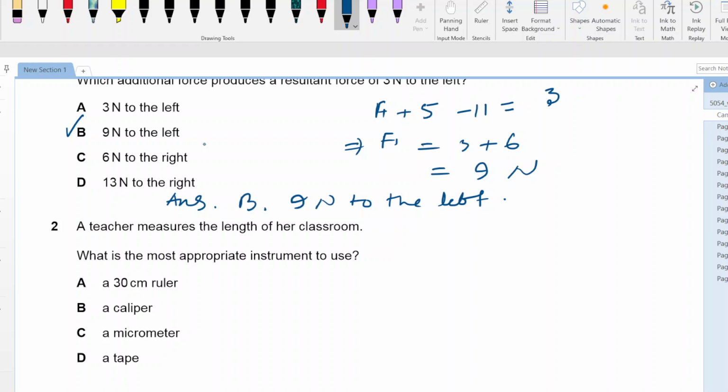Therefore, to measure its length, a tape is more appropriate. Therefore, right answer B, a tape.